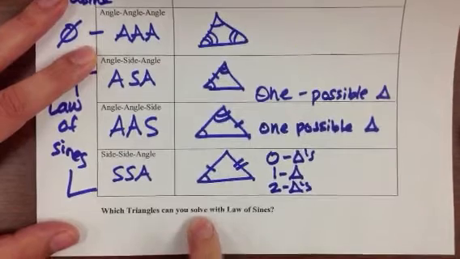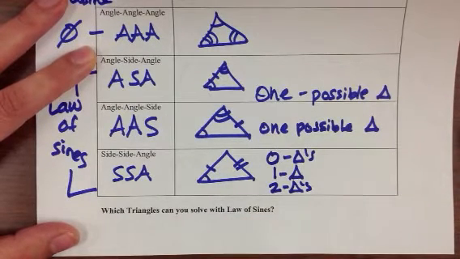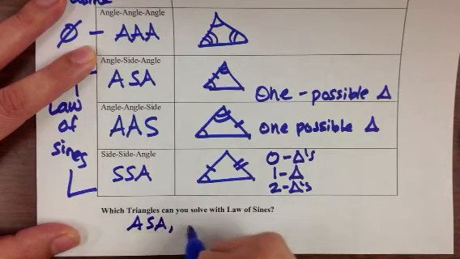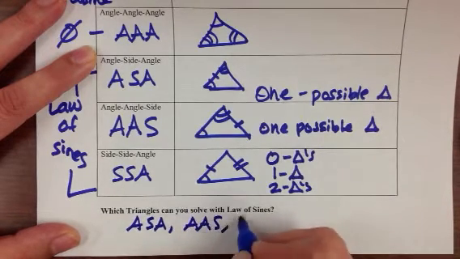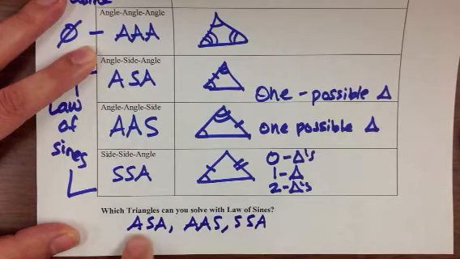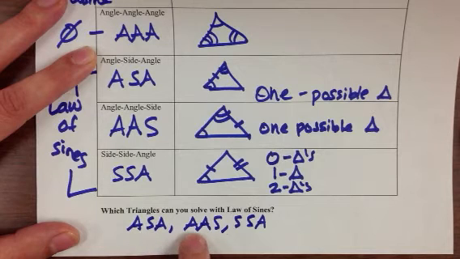So which triangles can be solved with the law of sines? We can have angle-side-angle, angle-angle-side, or side-side-angle. For the first two, any time you have two angles and the measure of any side, you can use the law of sines.